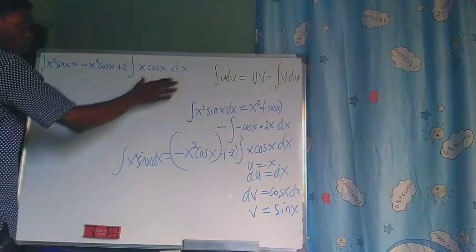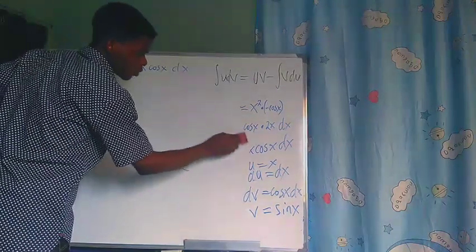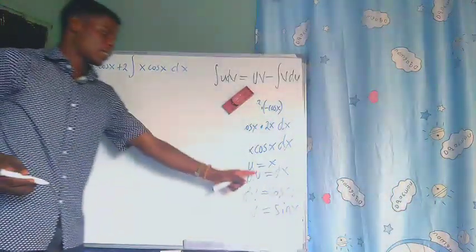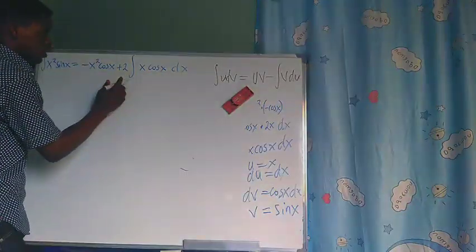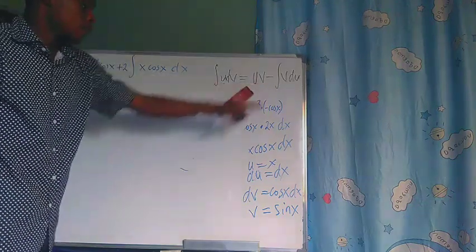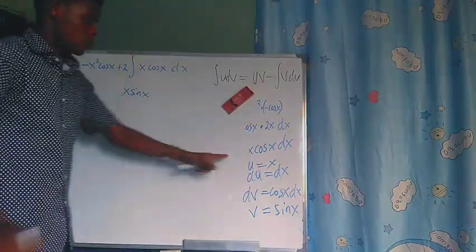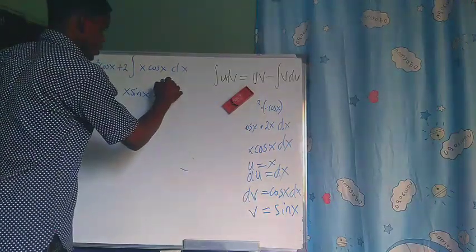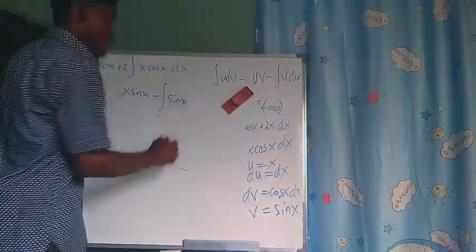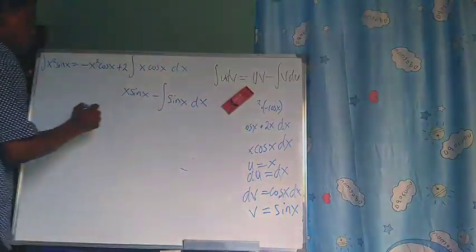So right now we are working on this integral, since my u is x. So the integral becomes uv, that is x sine x, minus the integral of v du. So this is your v, sine x, and your du is just dx. Very nice. So we have only one function to integrate like that.